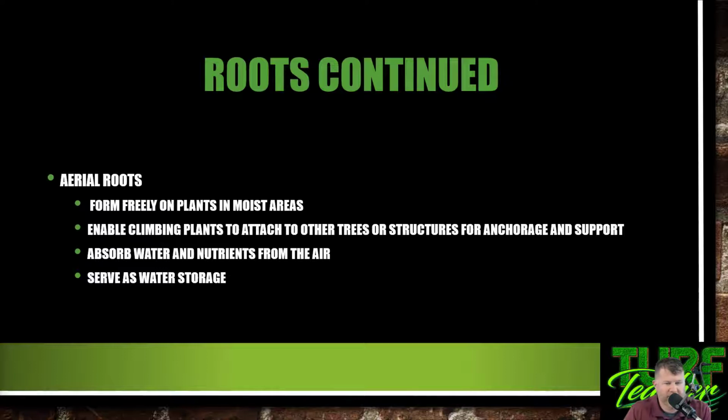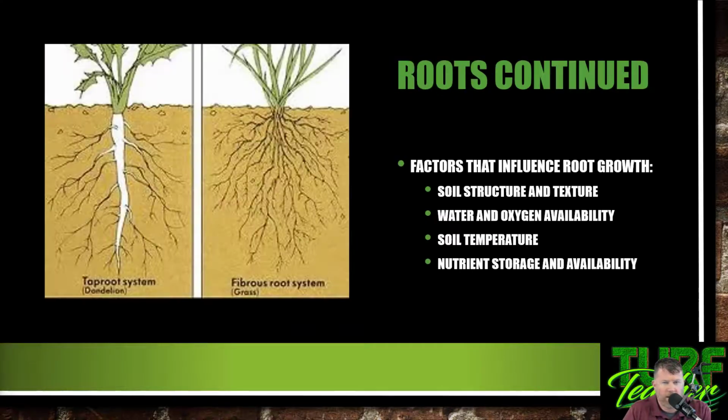And we're getting ready to see a taproot plant versus a fibrous root system here. Most of your fibrous root systems common to us are like fescue. Here we have a taproot system of a dandelion. And think about it.